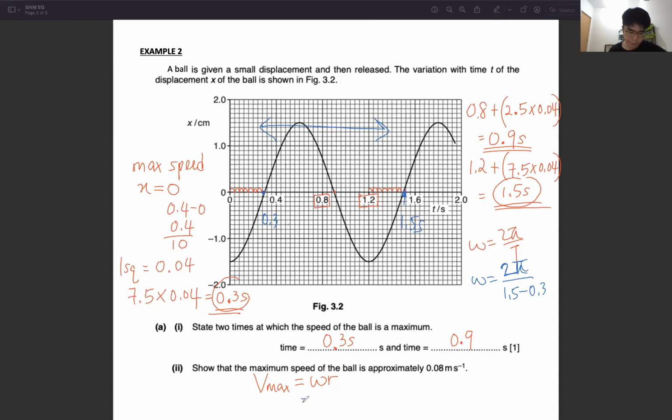So 2 pi over 1.2 times the maximum, the amplitude, which is 0.015 meter. That gives 0.08 m s^-1.